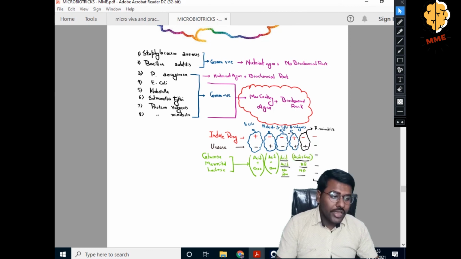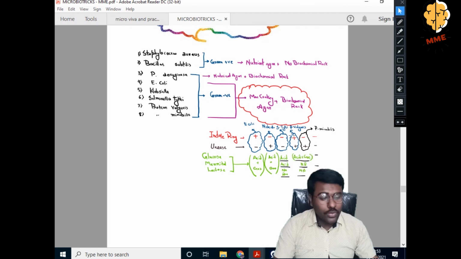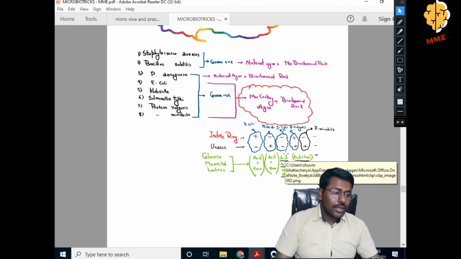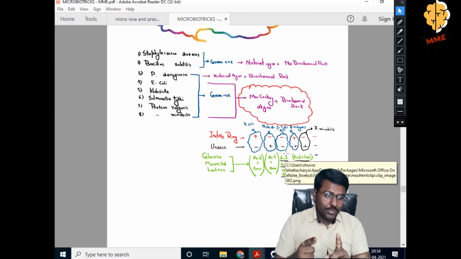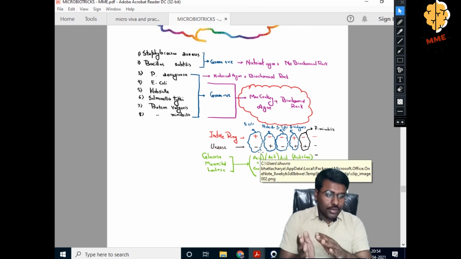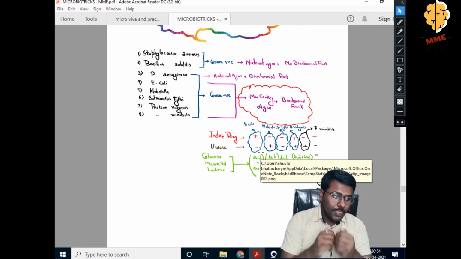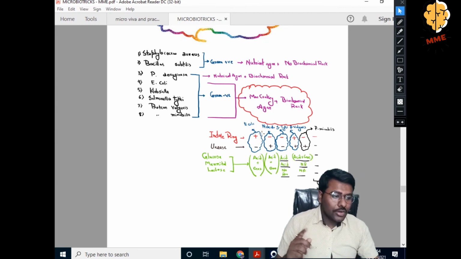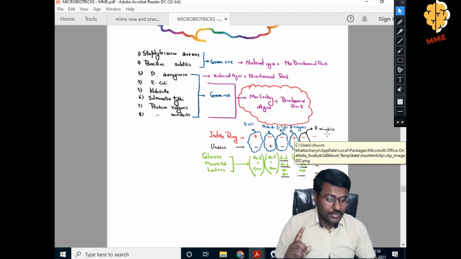Indole and urease both positive, then this is Proteus vulgaris. Only indole positive, E. coli, just the mirror of that. And indole negative and urease positive, there are two possibilities, one is Klebsiella and one is Proteus mirabilis.